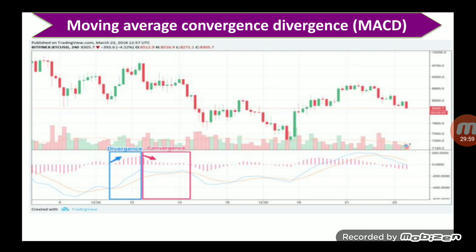If the divergence, meaning histograms, the distance between these two lines above the zero line, is increasing, and the blue line, that is the MACD line, is above the signal line, then an increase in the stock price will happen. And if the divergence between the two lines below the zero line increases, and the MACD line, that is the blue line, is below the signal line, then it shows that the price of a particular stock will decrease.